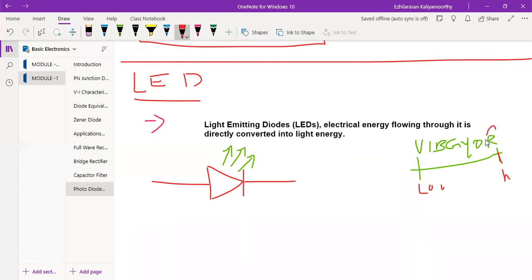That is the reason red is used everywhere, even in signals or towers, because of the light visibility during the night. The wavelength of red light is very high. Next comes orange, then yellow, then green. That is why traffic control uses red, yellow, and green, because these three lights are more visible.